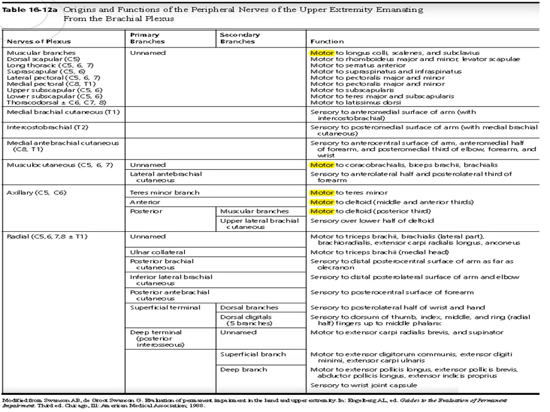So, for example, we're required to test the coracobrachialis, the biceps brachii, and the brachialis muscle in cases of permanent impairment due to injury to the musculocutaneous nerve.